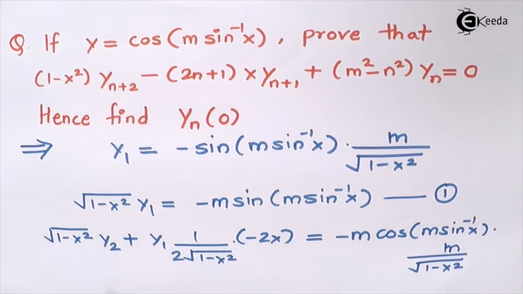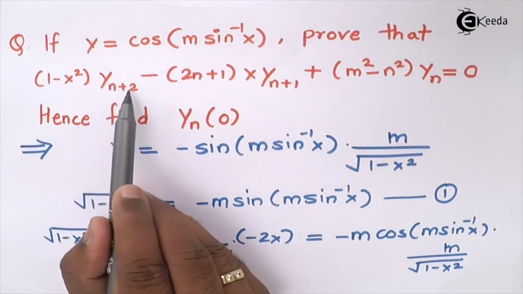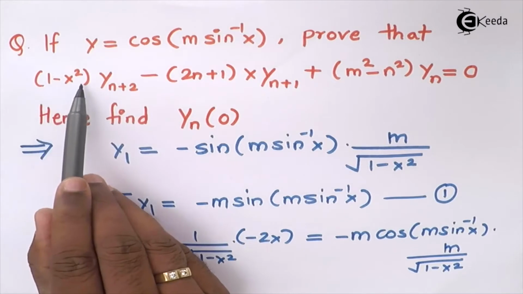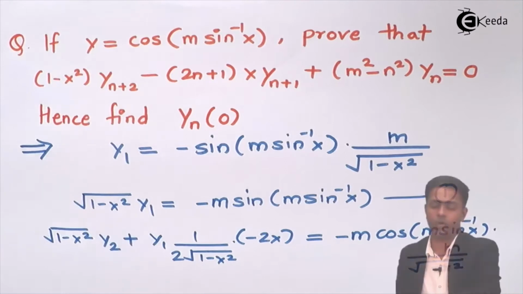So guys, here what we'll do is we will multiply throughout with under root 1 minus x square. The reason is, if you observe the result, with y of n plus 2 we have 1 minus x square, but here with y2 we got under root 1 minus x square. So it means we have to remove that root, and to remove the root I will multiply throughout by under root 1 minus x square. So under root 1 minus x square into under root 1 minus x square will be 1 minus x square into y2.